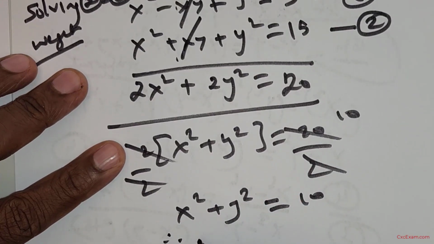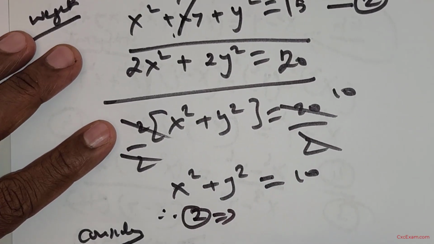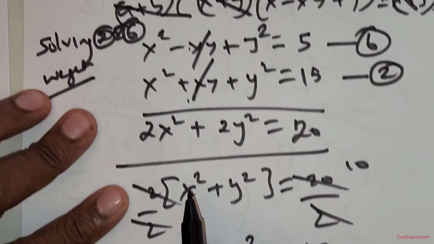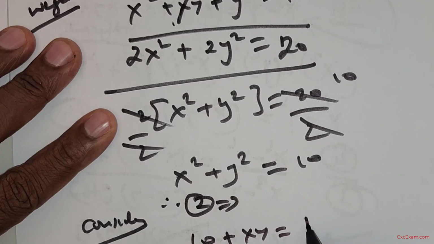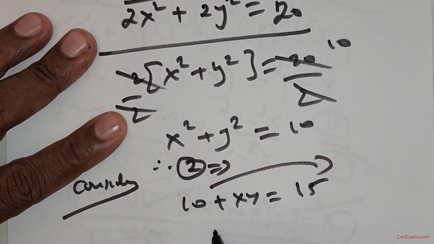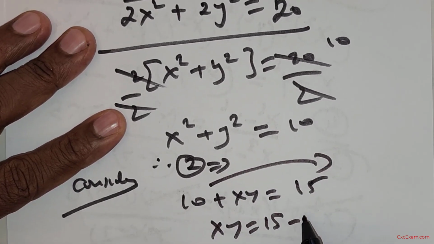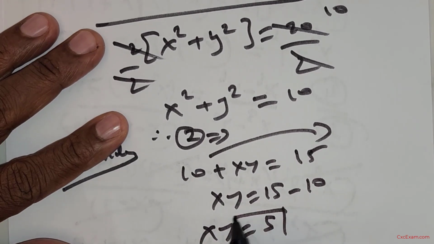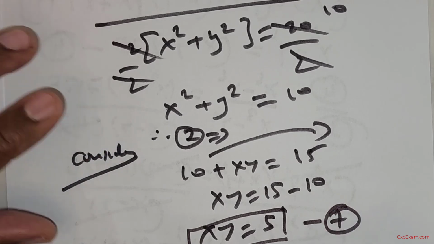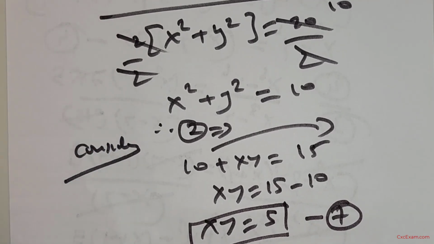Therefore 2 can be rewritten as, in place of x squared plus y squared, I'm going to place 10, plus xy is equal to 15. You push this 10 to the other side, you get xy is equal to 15 minus 10. So xy is equal to 5. I'm going to take this as 7. So let me go to the next side.